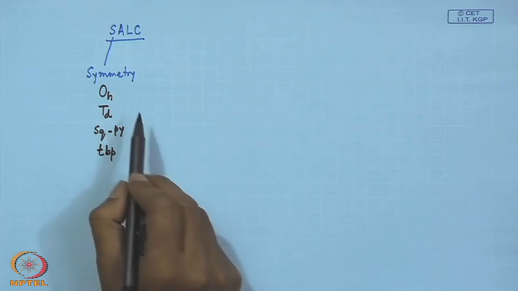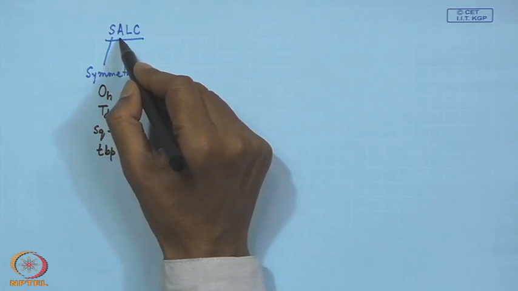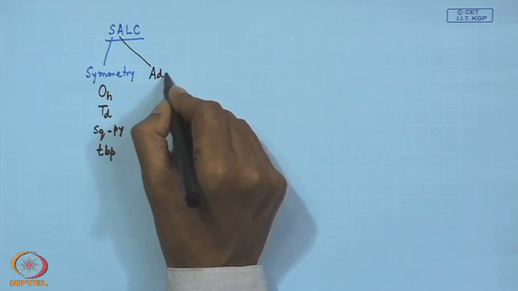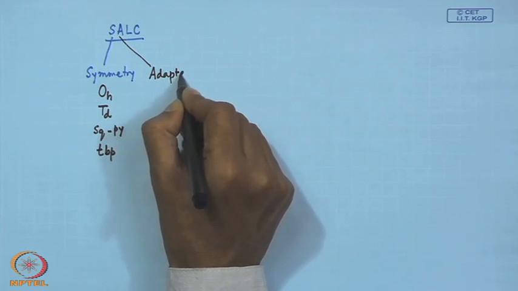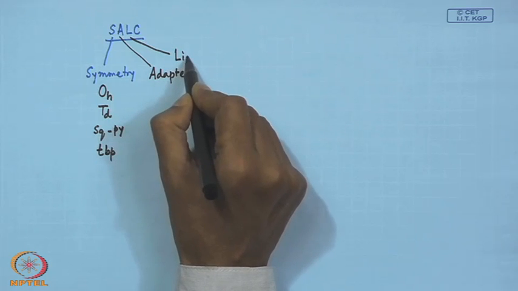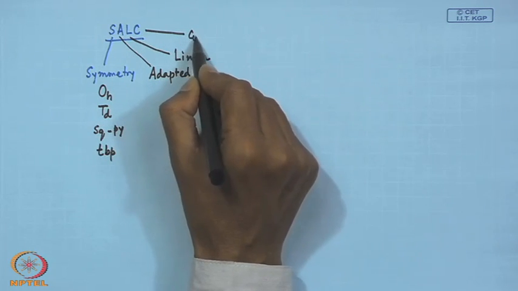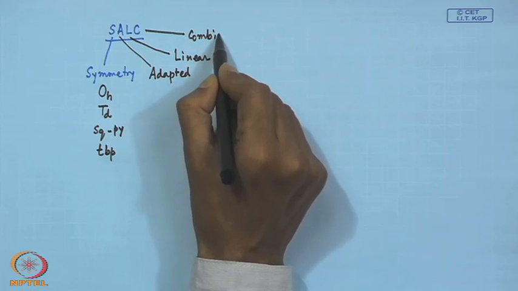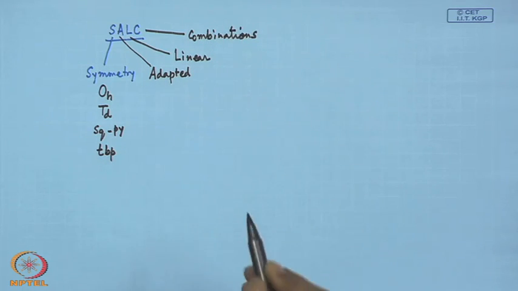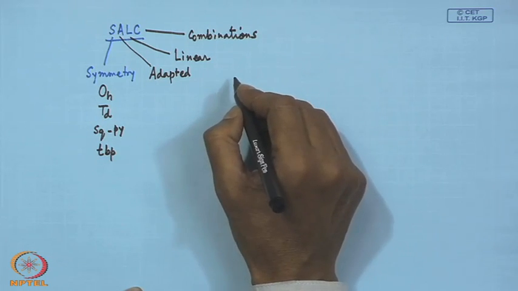Those symmetries are very important because they dictate the corresponding adaptation. So, it is symmetry adapted, and the combination is only linear. So, symmetry adapted linear combinations of the different orbitals.